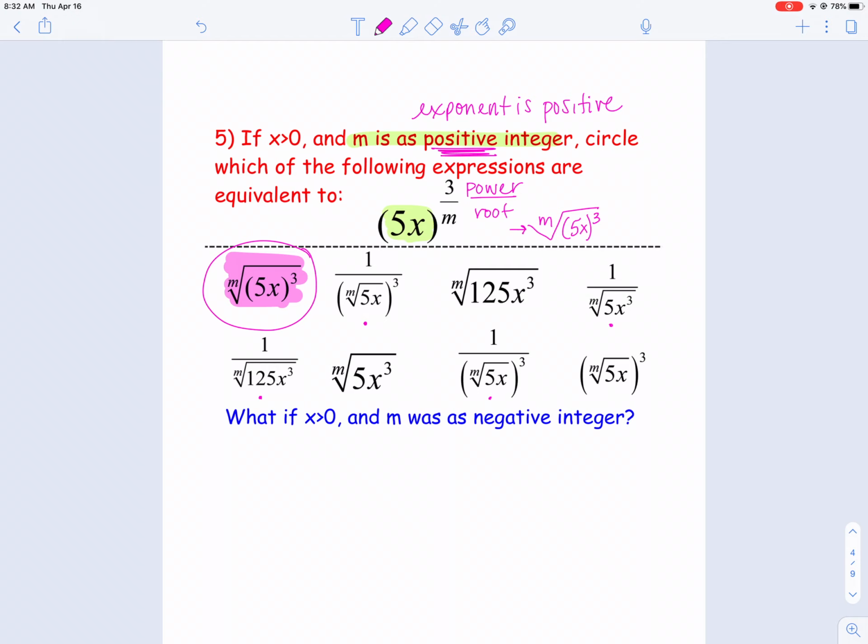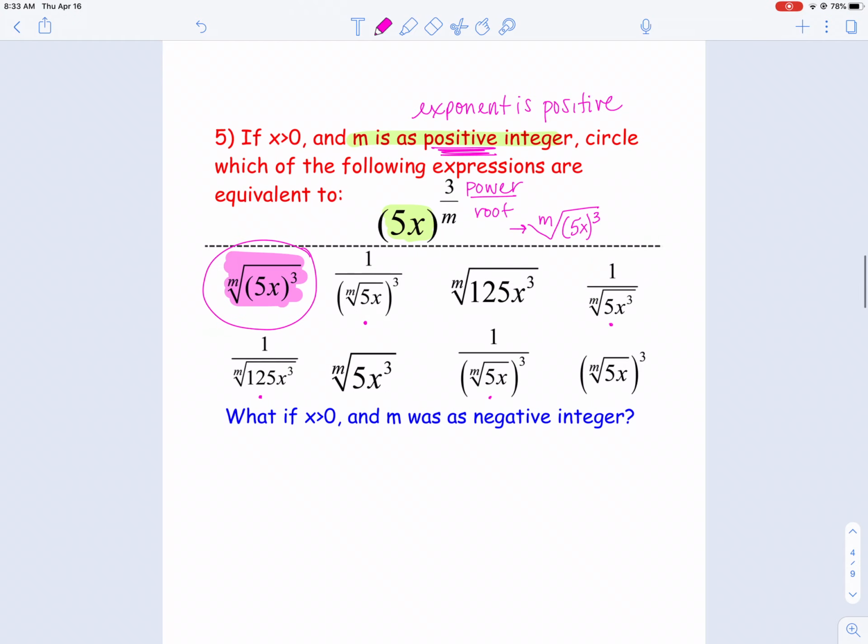Now, is there any other way I could potentially simplify this to see if I get another one of these answers? We already said this second one to the right, no way. But look at the next one. The mth root of 125x to the 3rd. Well, is there any way I could simplify 5x to the 3rd and it become 125x to the 3rd? Yeah.